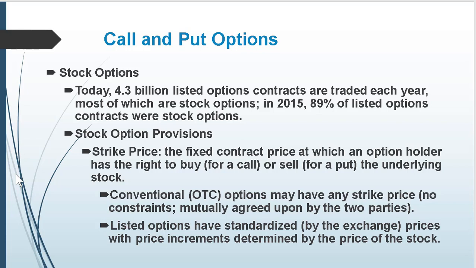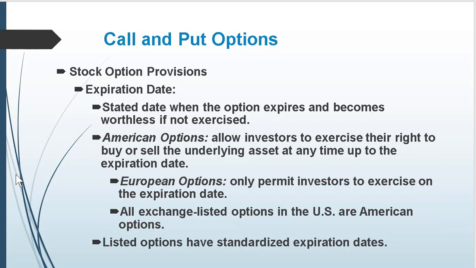So if you have a stock that's trading at $100, the strike prices are obviously around that $100 mark. But if you have a stock that's trading for $50, the available options are down around that $50 range. So they are very structured as to how they are created.